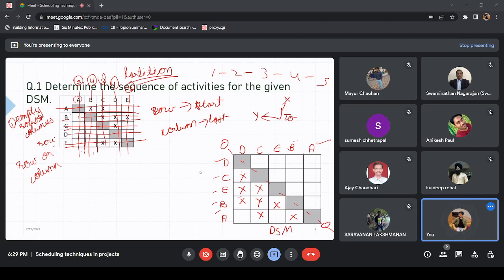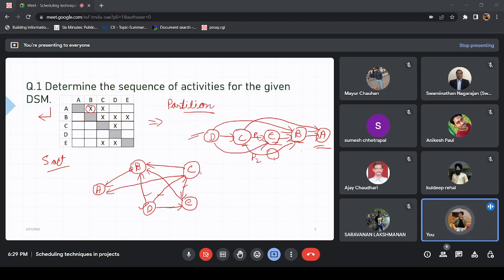Even if initially your matrix has elements above the diagonal, once you partition it, you will get to know the sequence and whether it is a lower diagonal matrix or not. So I hope you got the importance of partitioning the matrix.